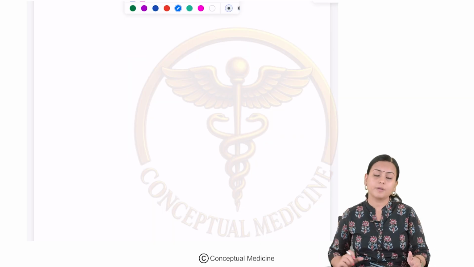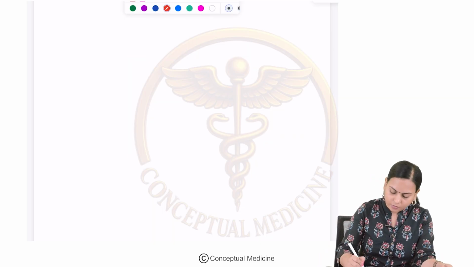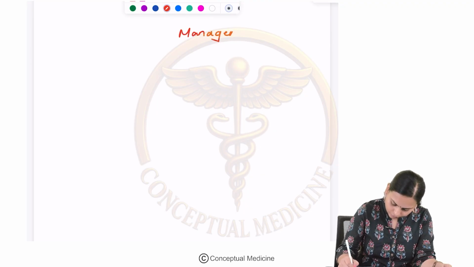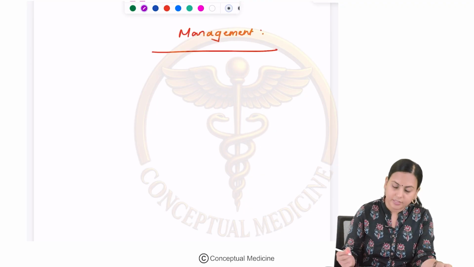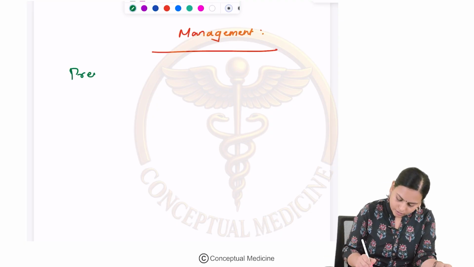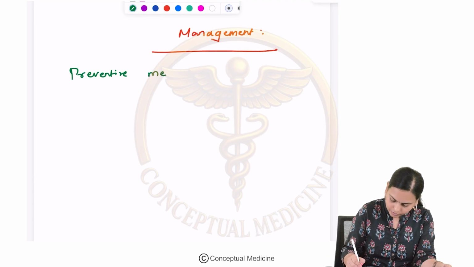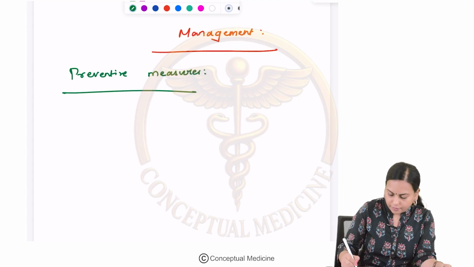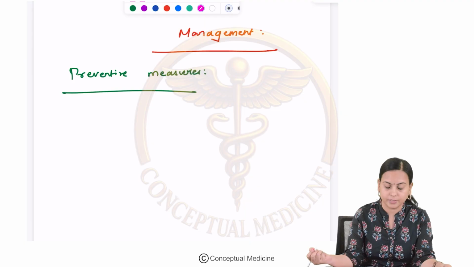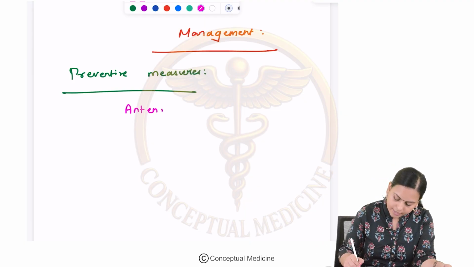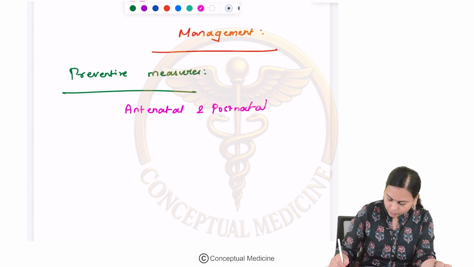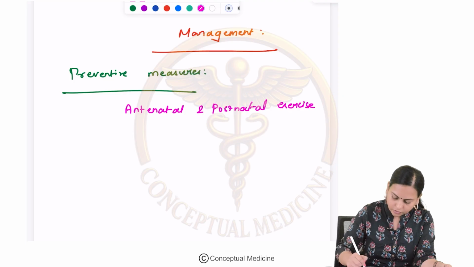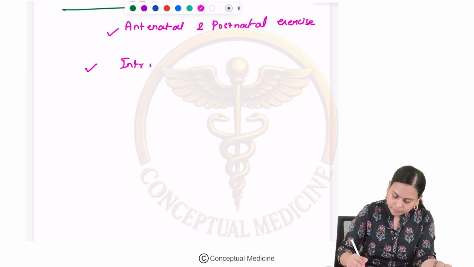Now, let us see how we will be managing this condition. Okay. So, management, first we will offer them preventive measures. Okay. So, preventive measures. We have to offer a woman who is pregnant and going to deliver the antenatal and postnatal exercises. Okay. These should be taught to the women. Okay. And there should be adequate intrapartum care as well.